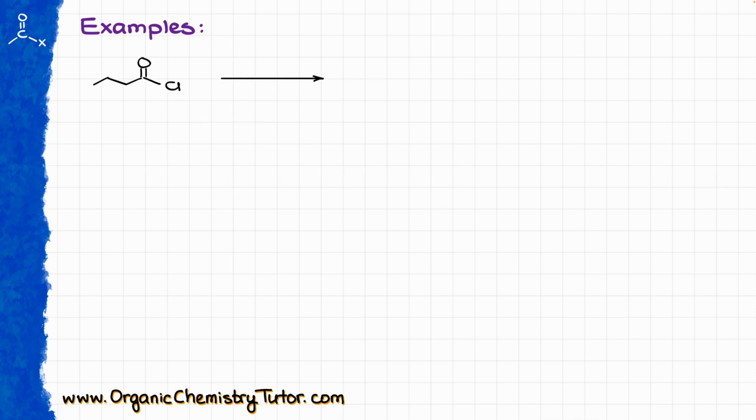Pretty easy. Now, what if I wanted to take my acid chloride and convert it into some sort of ester? How can I do that? Well, in this case, we're going to use the same principle as before.